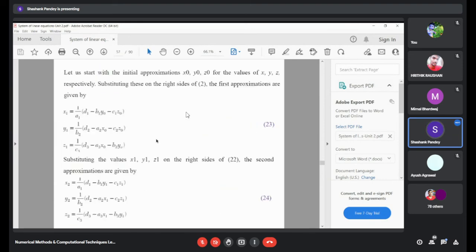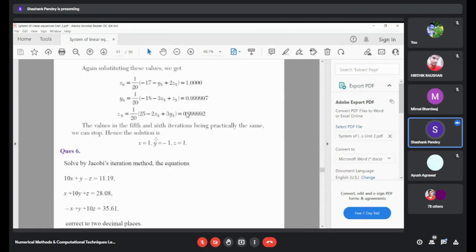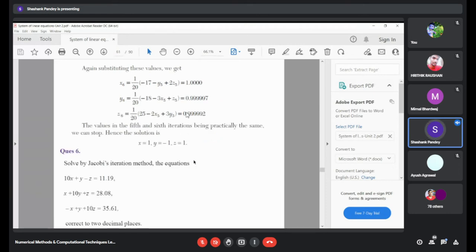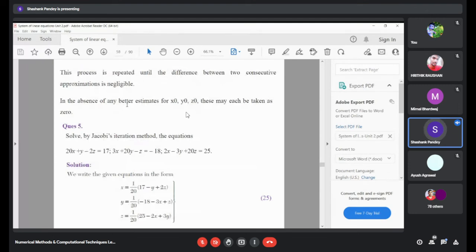However, in this second approach, that is the Jacobi iteration method, you can see that we have to go up to the fourth iteration, the fifth iteration, and up to the sixth iteration.